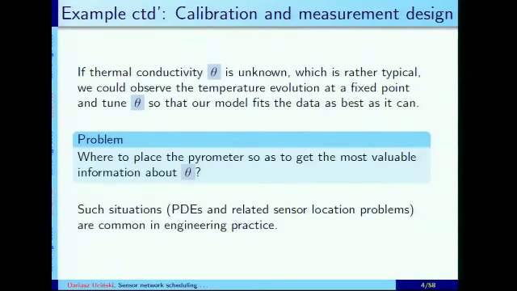But the problem which is natural here is where to place this pyrometer. And here we start with the design problem.